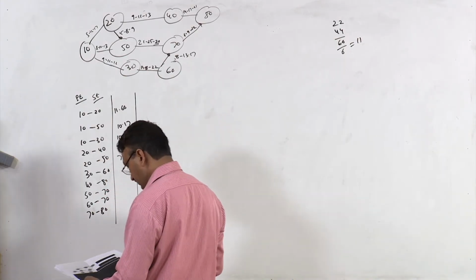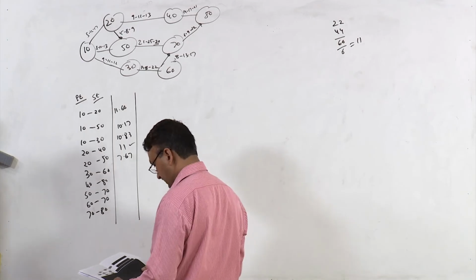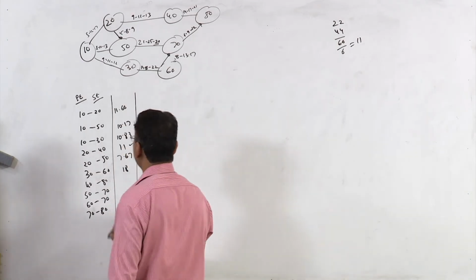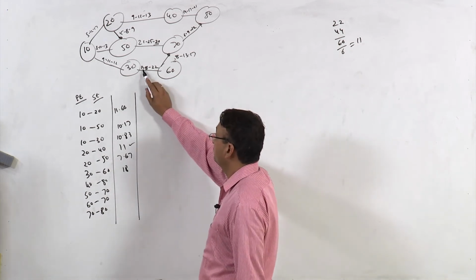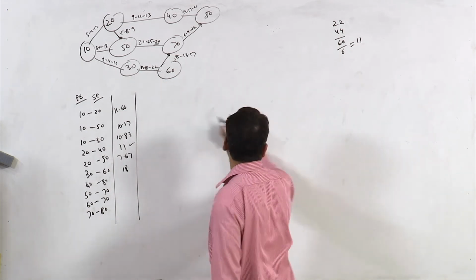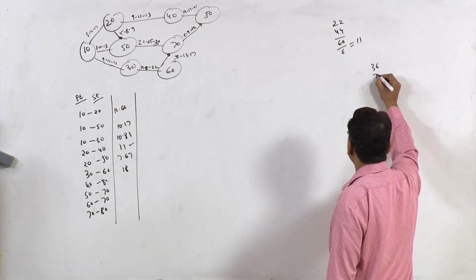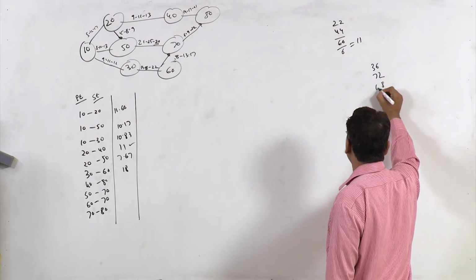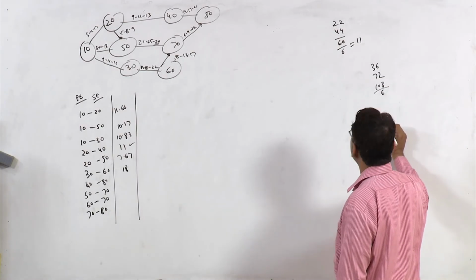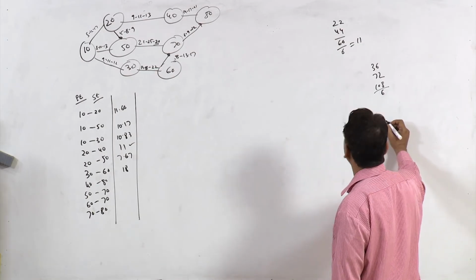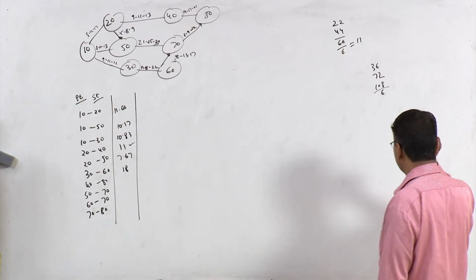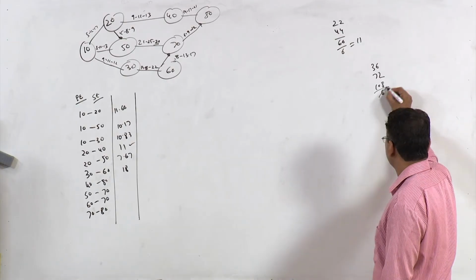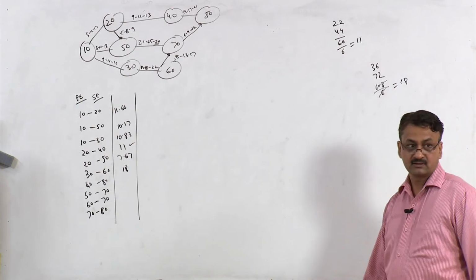Similarly for 30 to 60 it is 18. We will check this also. 30 to 60: it's 14 plus 22, it's 36, plus 72, divided by 6. So this would be 18, right?